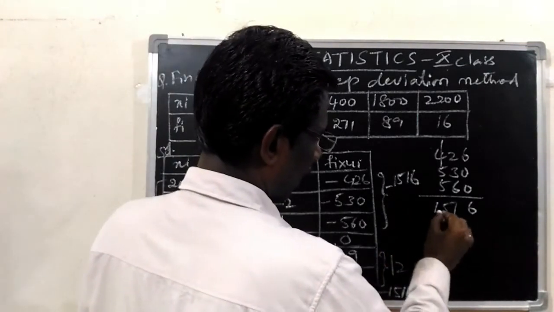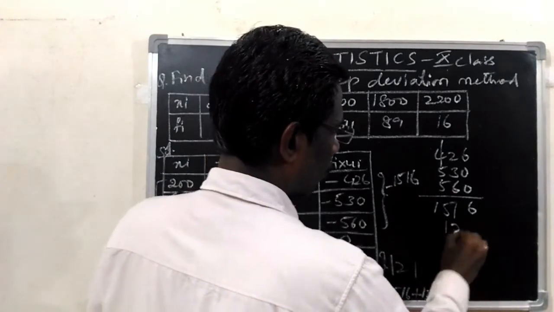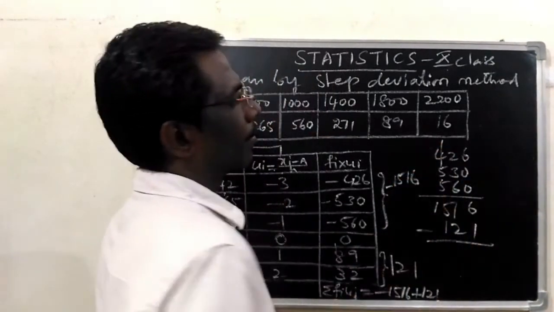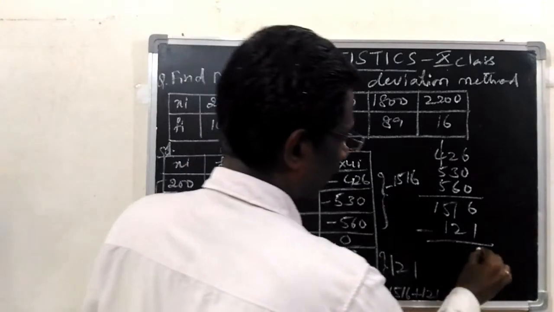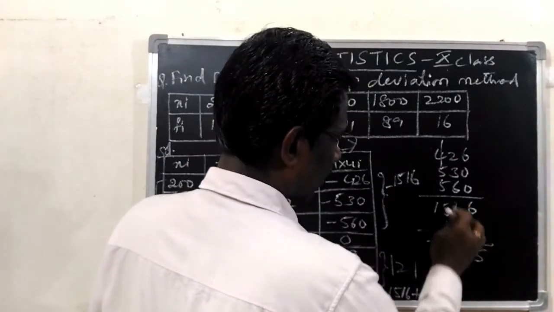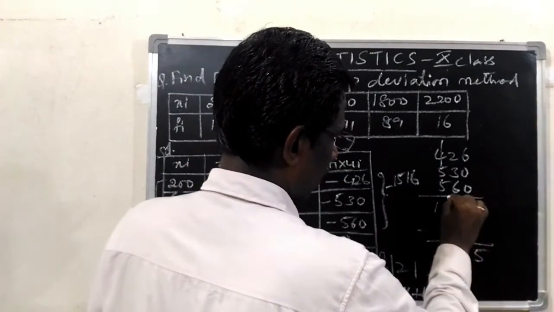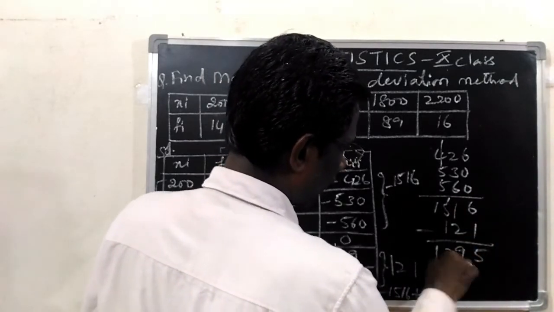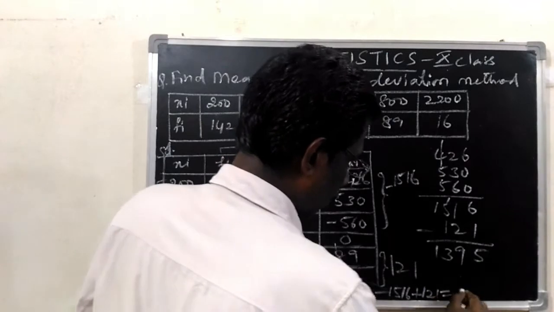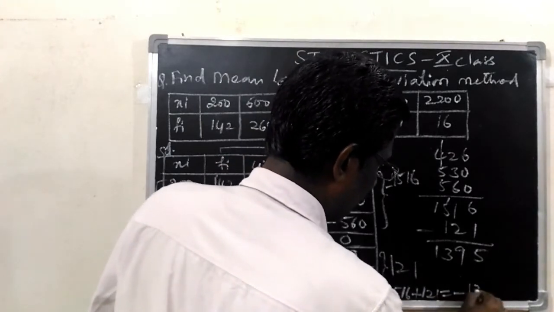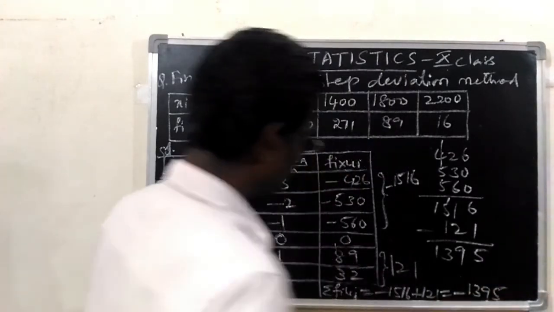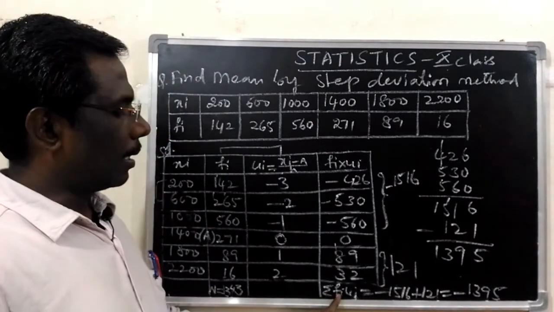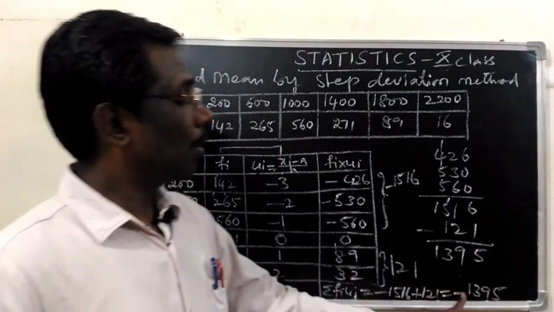So if we subtract 121 from 1516, we get 1395. So the value of sigma Fi ui is equal to minus 1395.